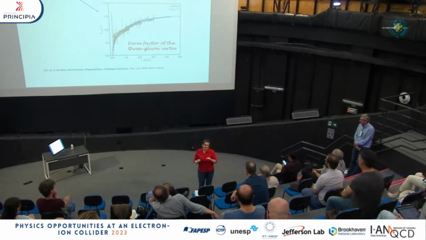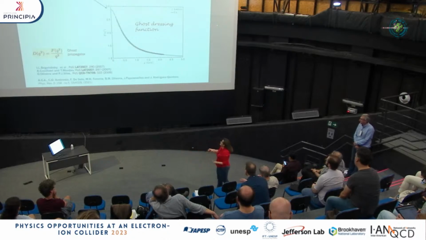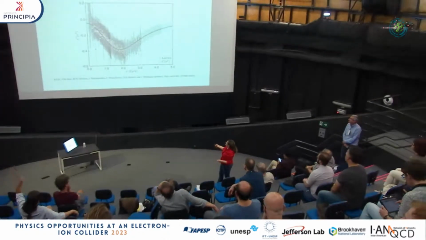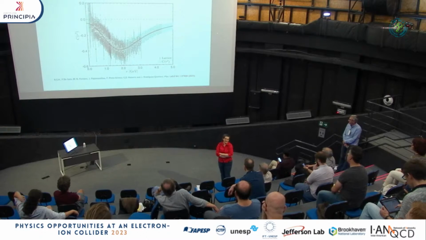Maybe you can have some small detail, but the result that you see for this C here is not a very small signal. You are seeing a big one. So even if the lattice changes from one lattice to the other, I don't think this is going to be affected by that.